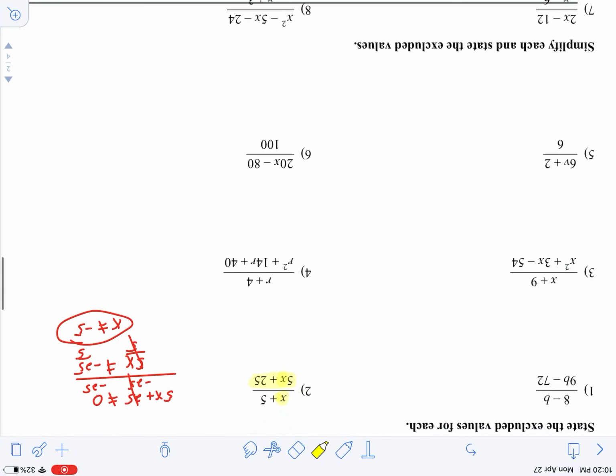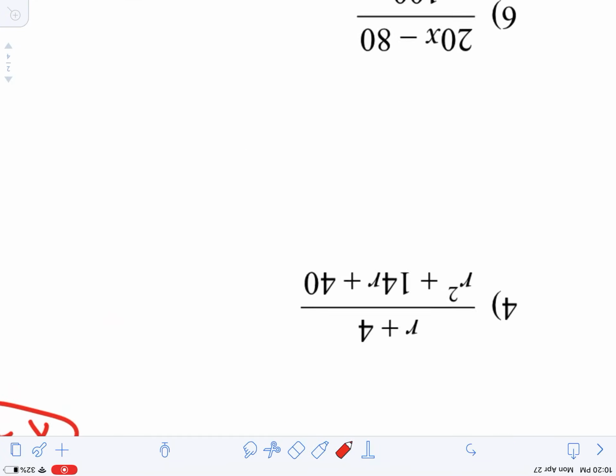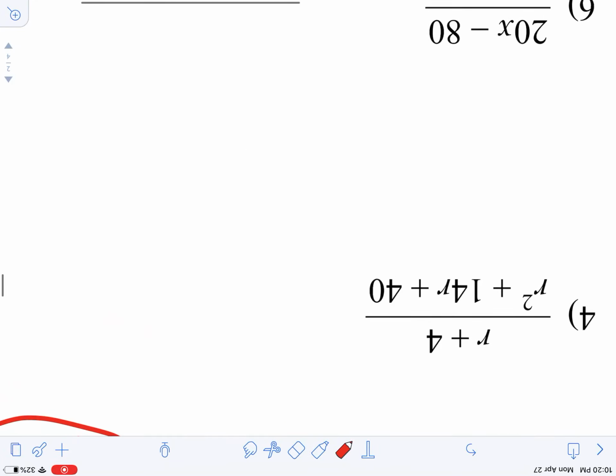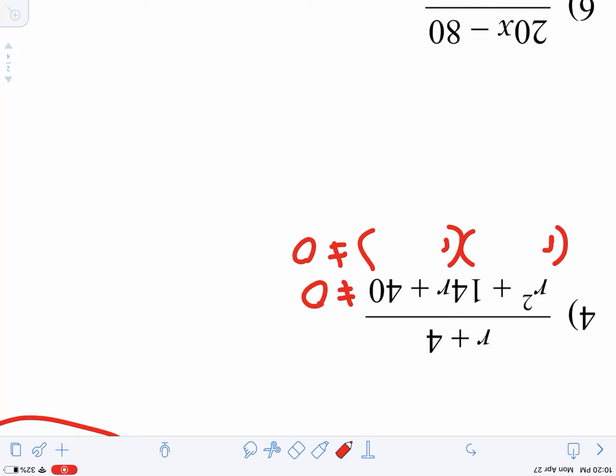Okay, number 4. Now we need to set this not equal to 0. And to solve a quadratic, we factor. So we have r, and two numbers that will multiply to 40 and add up to 14 would be 4 and 10. Positive 4, positive 10, they add up to 14, they multiply to 40.